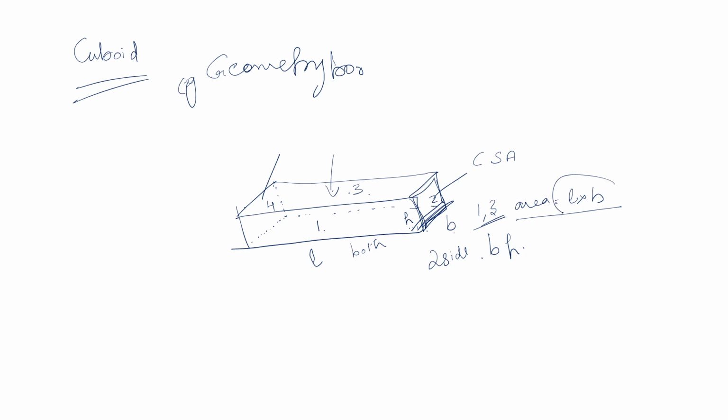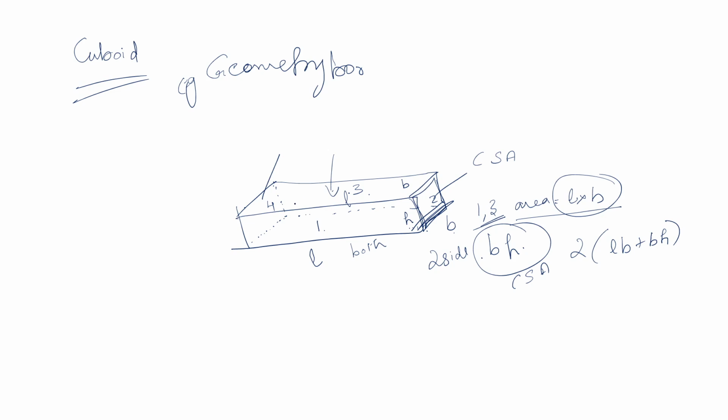So together, these will become 2 times (LH plus BH), which is the curved surface area of a cuboid. Curved surface area means all the surface excluding the top and bottom. When you get into the top and bottom, that is again a rectangle and it is LB.